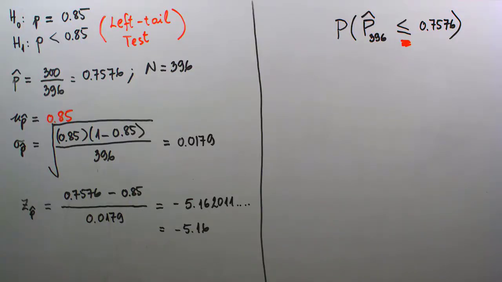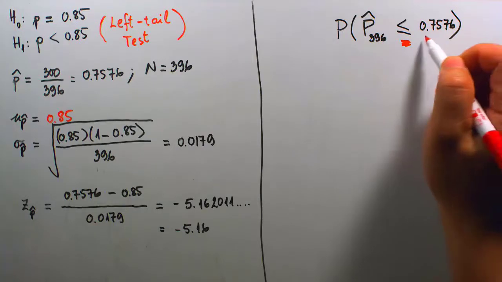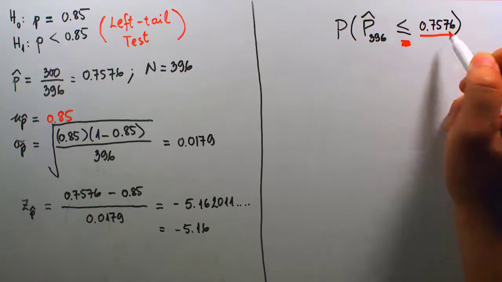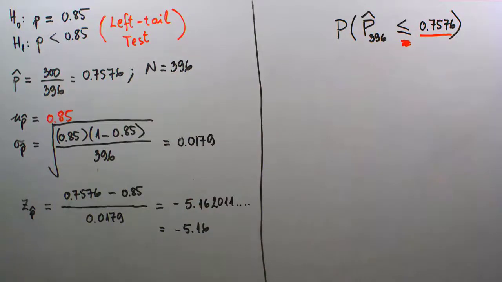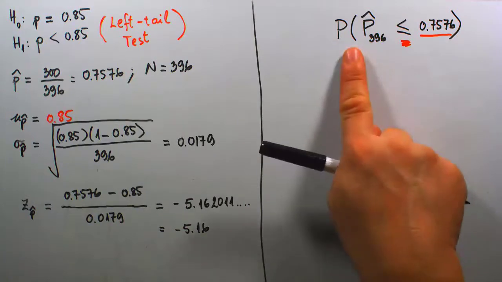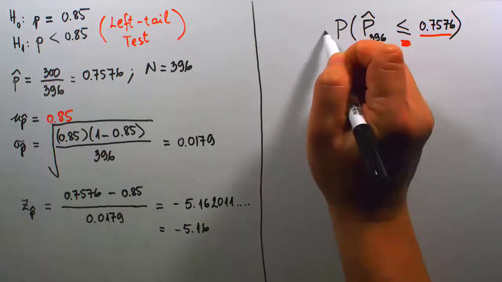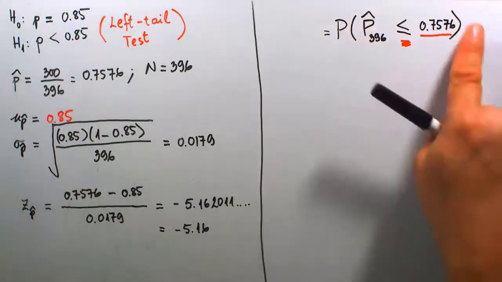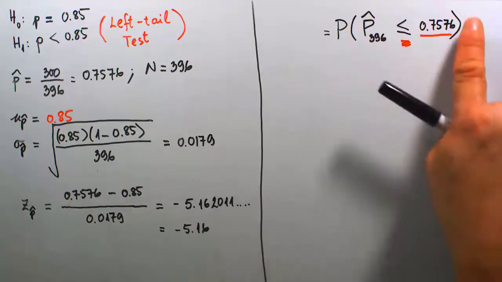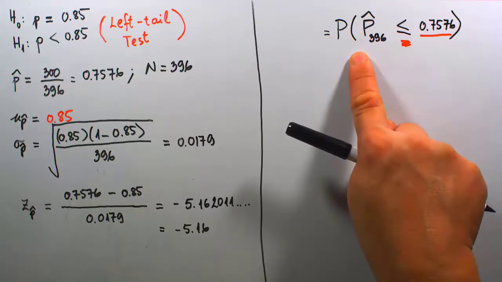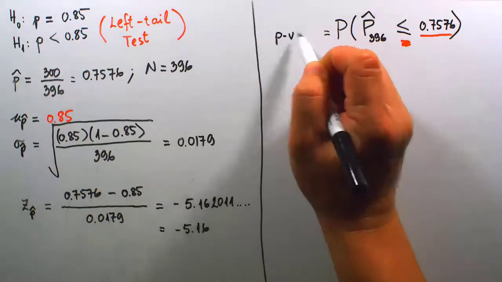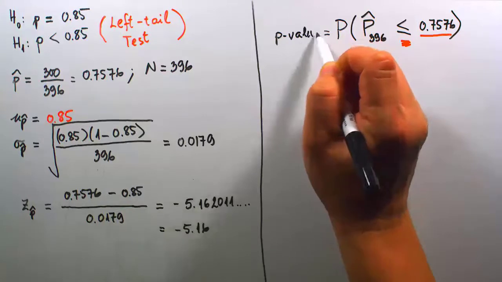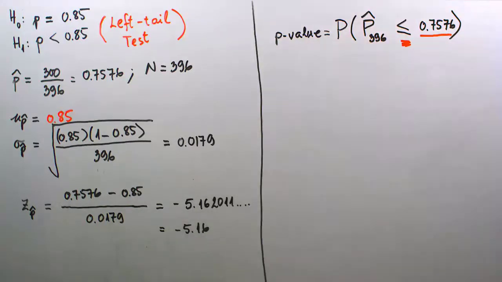And again, I'm using the sample value in my probability statement. And the answer that comes out from this probability question will be referred to as the p-value of our sample.